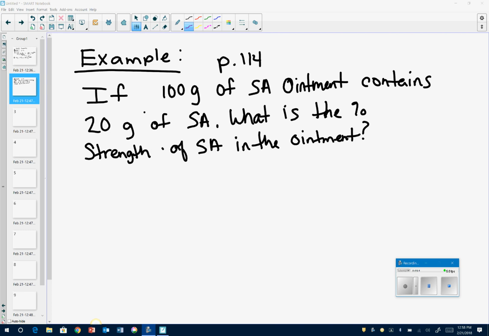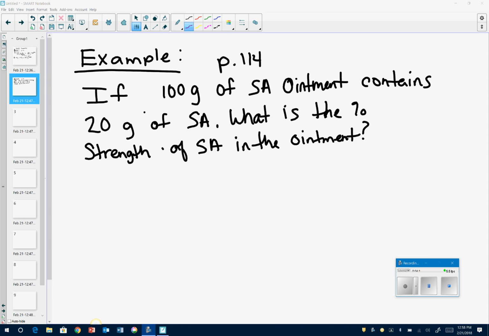Our next example is on page 114. If you have 100 grams of your salicylic acid ointment, it contains 20 grams of salicylic acid. What is the percent strength of your salicylic acid in the ointment? This one is actually a pretty easy one to do.